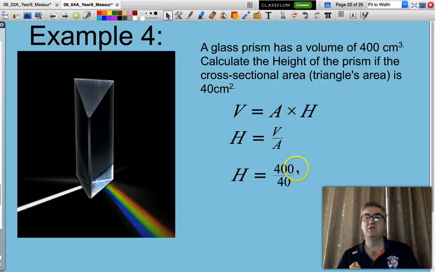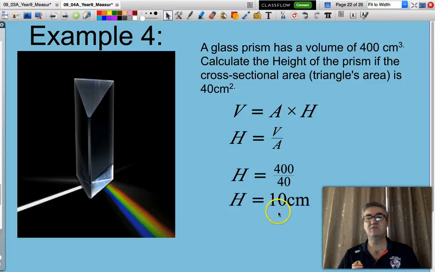So substituting the values in, height equals 400 divided by 40, or equals 10 centimeters.